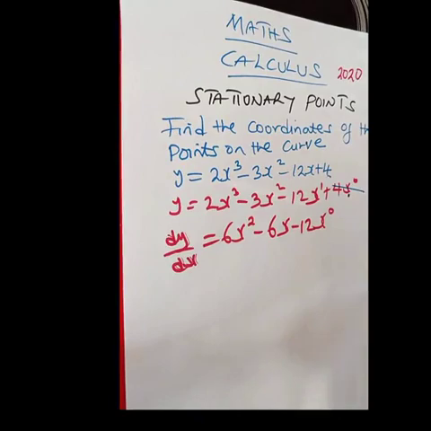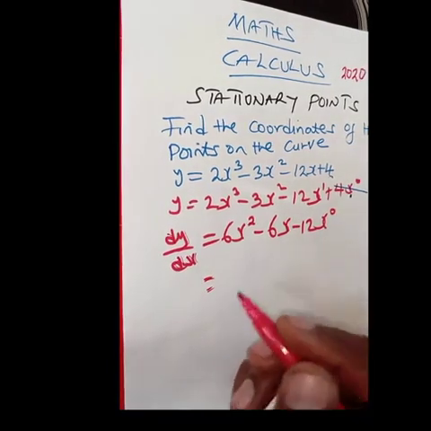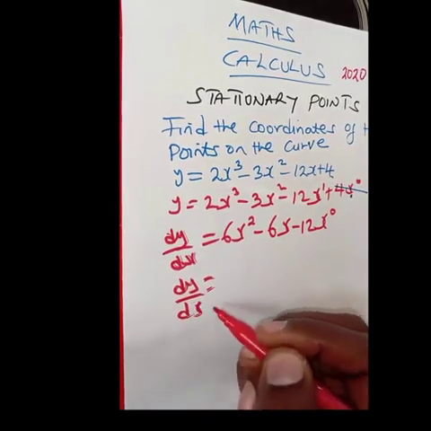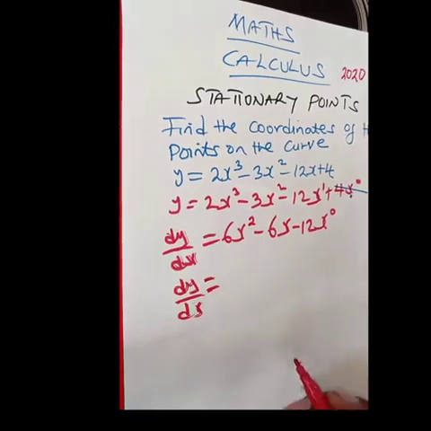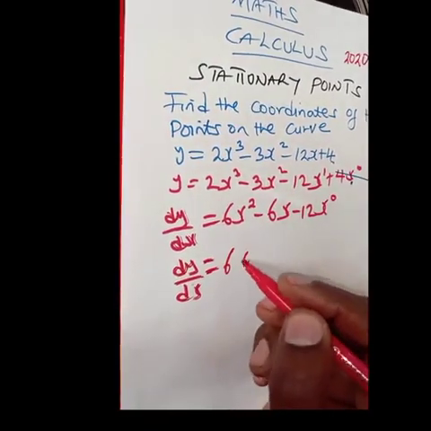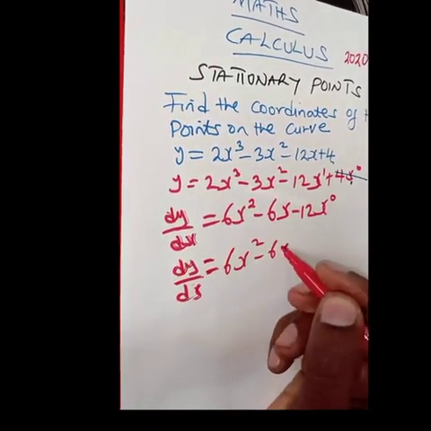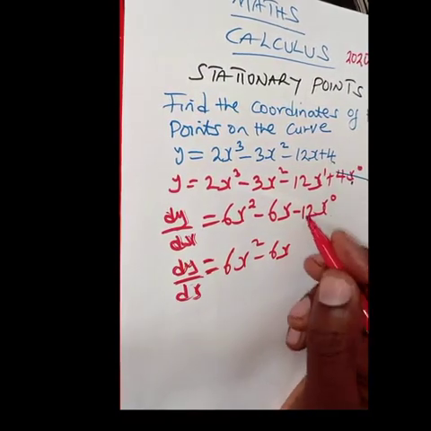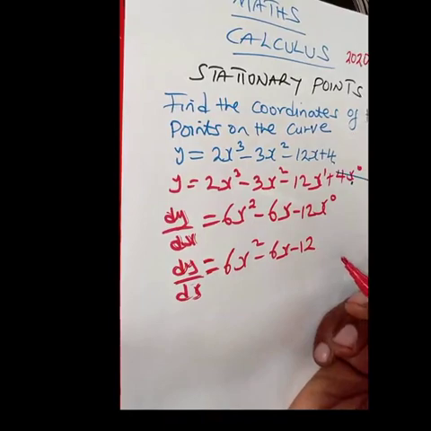So now, next step, you need to rewrite this. Dy dx is equal to, we need to simplify this. X to the power 0 is 1. 1 times 12 or negative 12, it will mean negative 12, right?